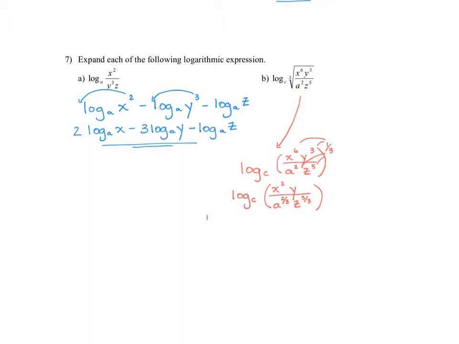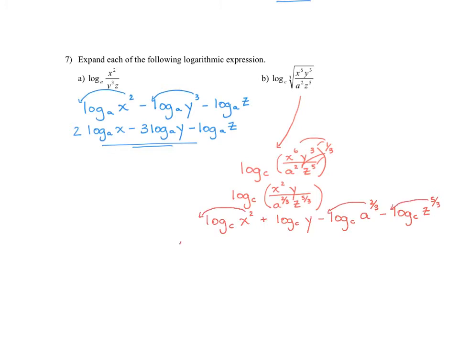So this becomes log base c of x squared plus log base c of y minus log base c of a to the 2/3 minus log base c of z to the 5/3. And then I'll just pull all of these exponents out front as necessary.